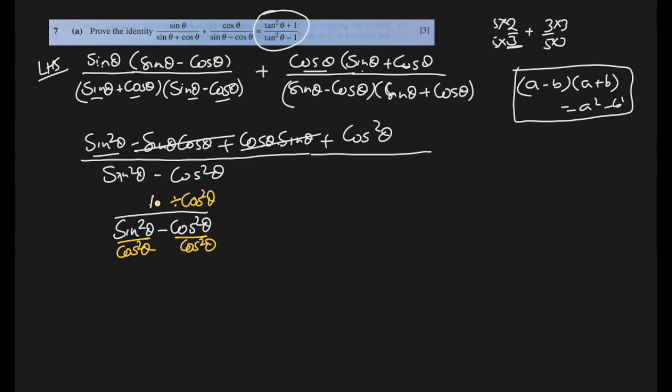So 1 over cos square theta, according to an identity, is secant square theta, correct? Sine square theta over cos square theta is tan square theta. Cos square and cos square cancel, minus 1. And secant square theta, according to another identity, is 1 plus tan square theta, or tan square theta plus 1.